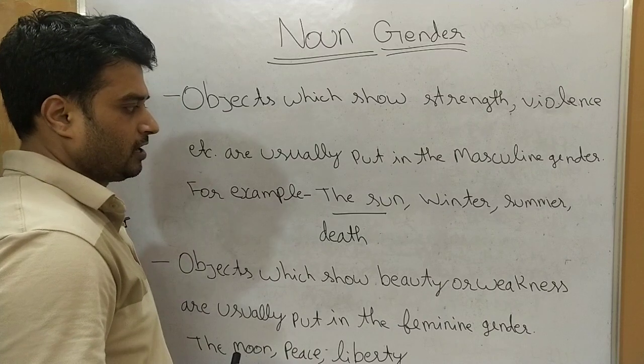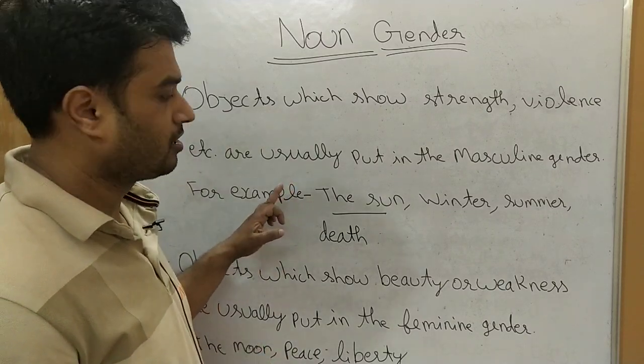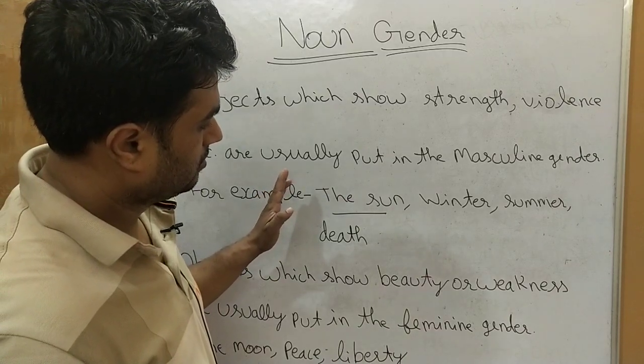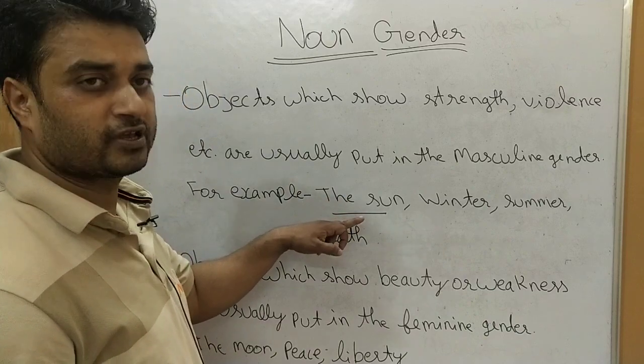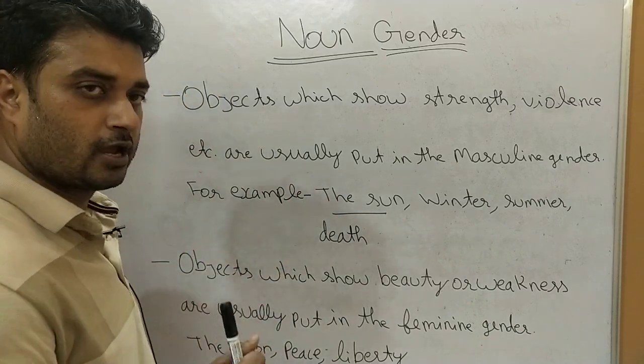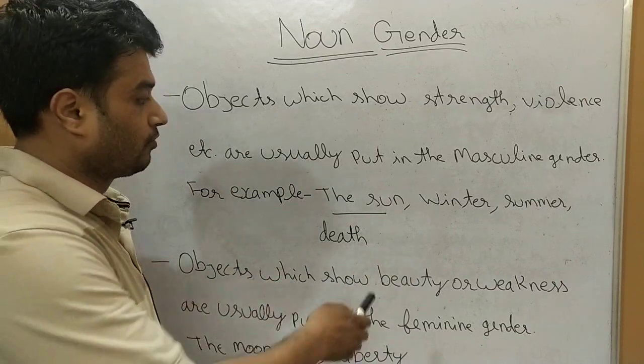For example, if I say that the sun rises in the east and it sets in the west, right? So the sun rises in the east, and now we have used the pronoun it for the sun.